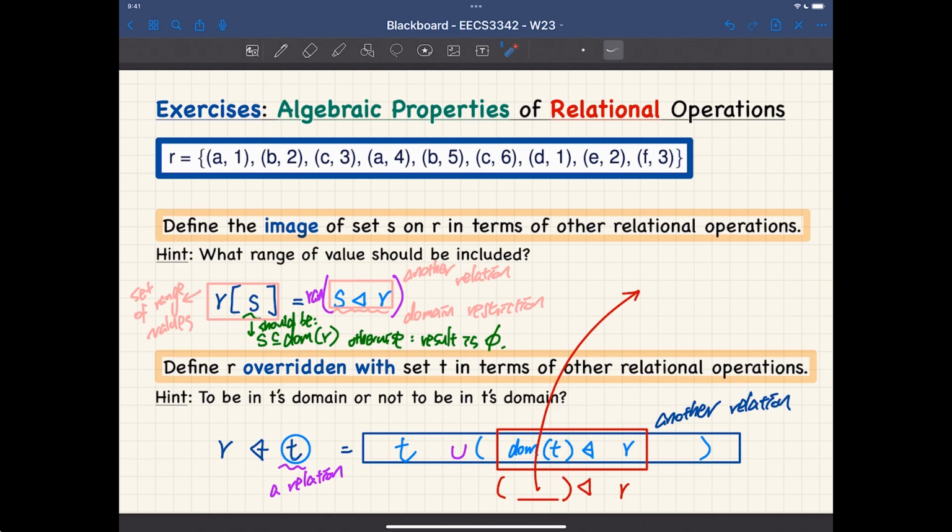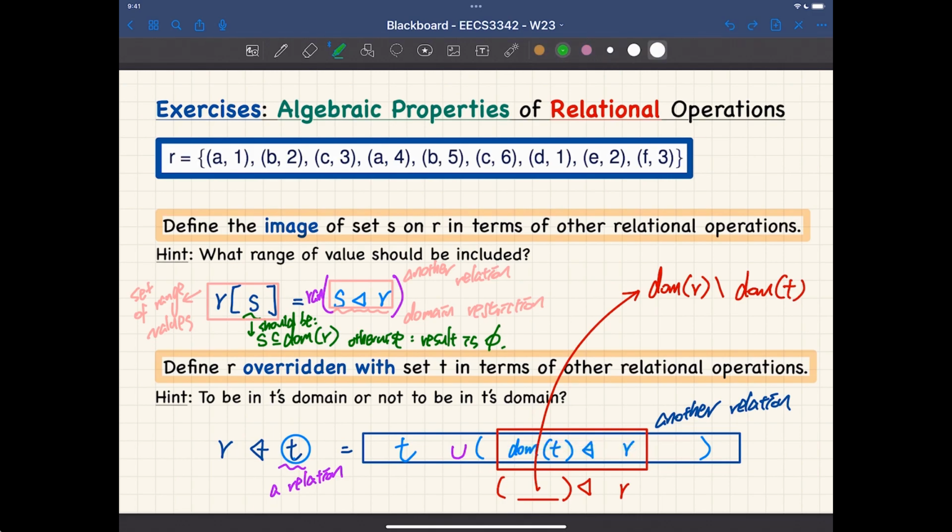Just don't forget. We talk about so many operations in this review lecture, so that's why you want to spend this week putting everything together. And of course, ask me for help if you really need clarification, all right? So we're going to say everything that's in the domain of the original R, but they are not in the domain of t. So these two are equivalent, right?